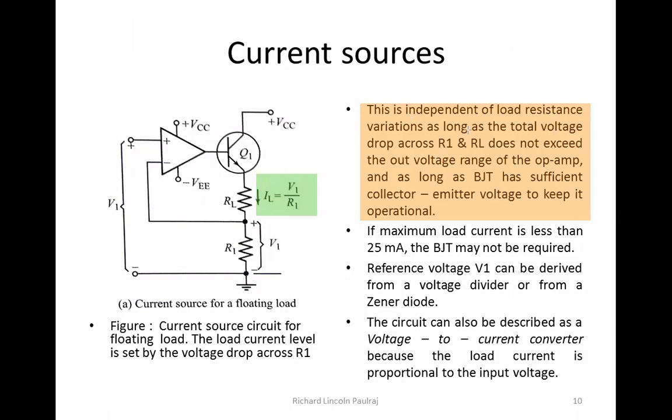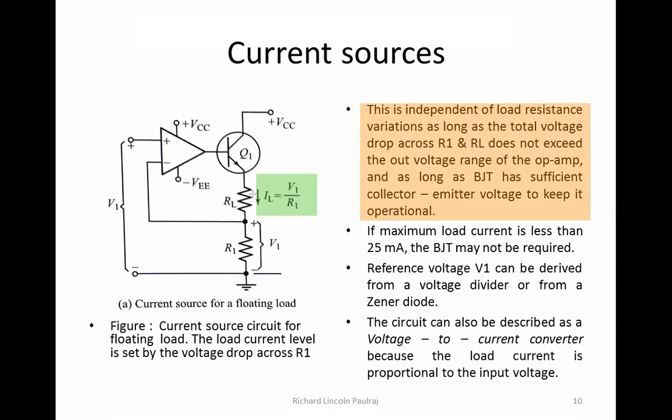This is independent of load resistance variations as long as the total voltage drop across R1 and RL does not exceed the output voltage. So this drop across R1 and RL should not exceed the output voltage; it should be less.